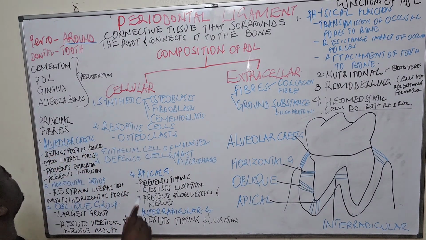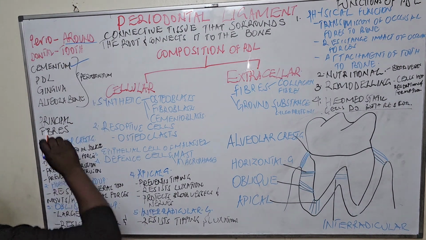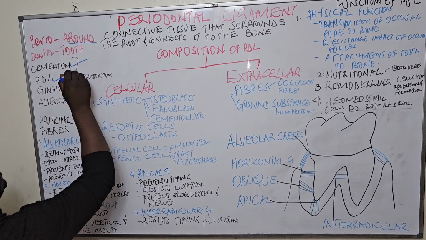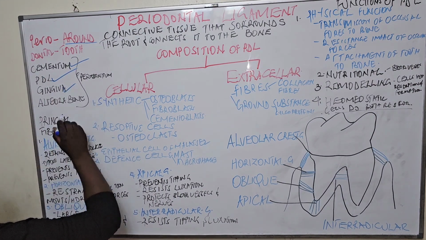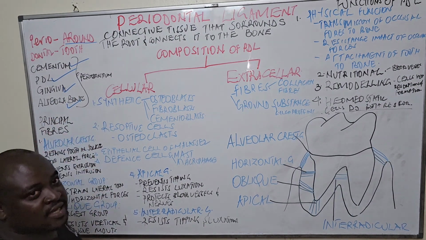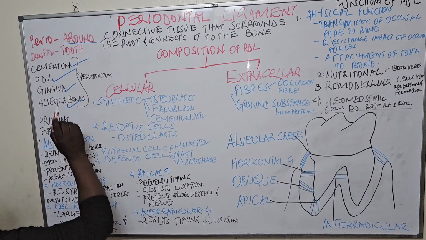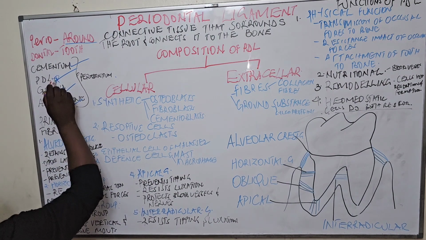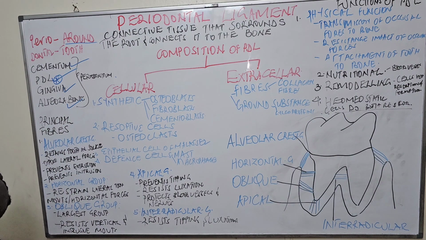Remember, we said the cementum, the periodontal ligament, the gum or the gingiva, and alveolar bone. All these are components of the periodontium. Therefore, we are talking about the periodontal ligament as one of the components of the periodontium.